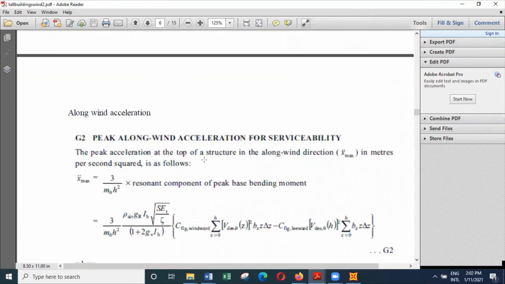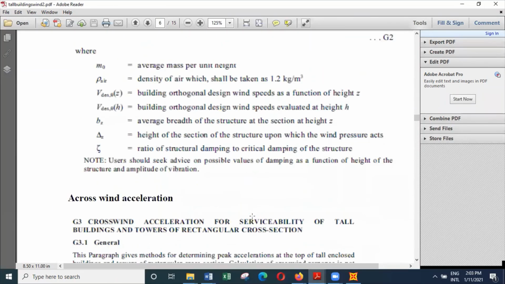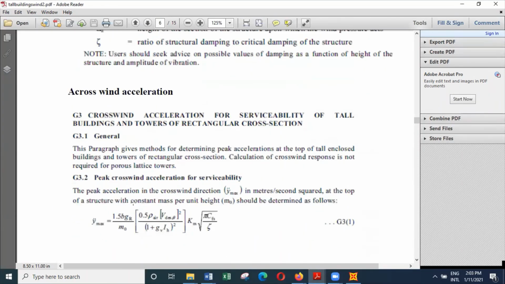Then we can also calculate the acceleration in the along-wind direction, and there's a long equation. We'll see how this equation can be used to determine the acceleration in the x direction, or the windward direction. And then there's another equation given to determine the acceleration in the crosswind direction.